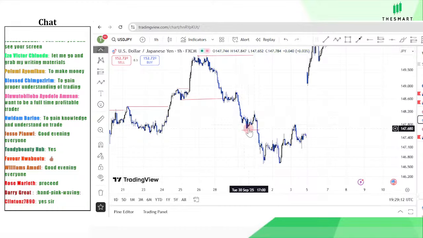This low was violated. So in a bearish market, you want to keep on seeing the market breaking lows to the downside without its high being violated. And upon having a violation of its high, that now tells you that the market is turning. There's a change in market direction.